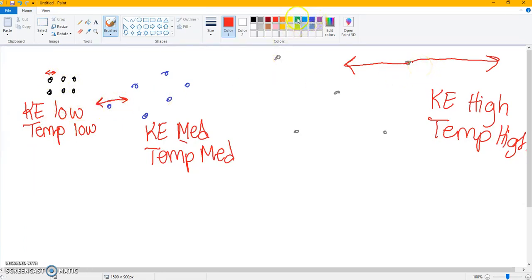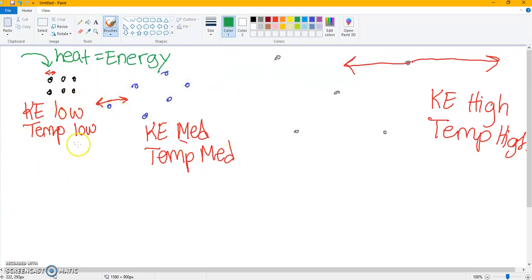But when we talk about heat, heat is how much energy is being put into the system, okay? So heat is energy. That's all it is. It's a type of energy, just like light energy or potential energy or kinetic energy or anything like that. It's just energy.